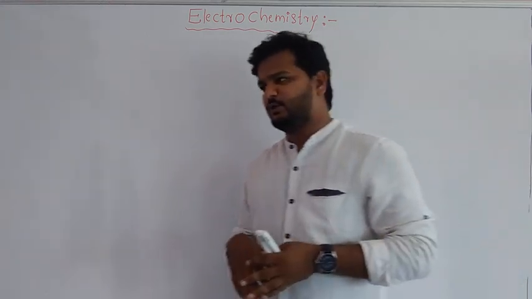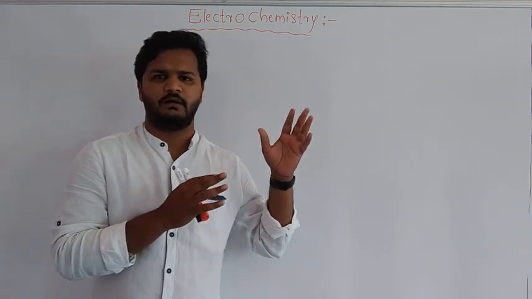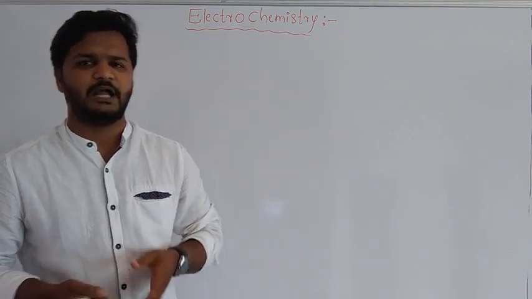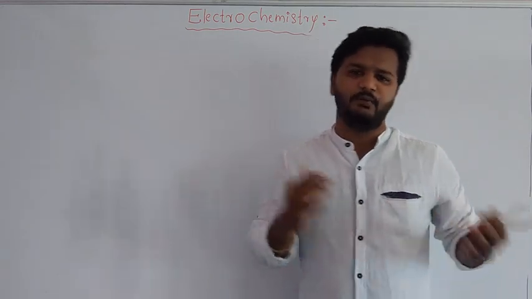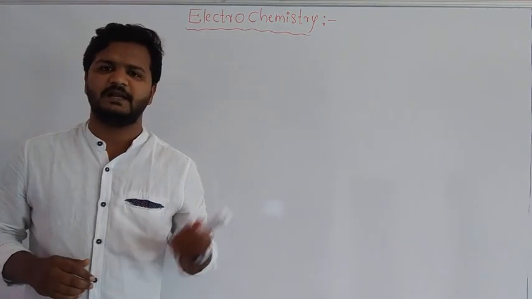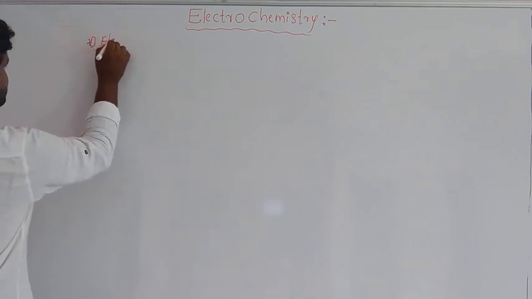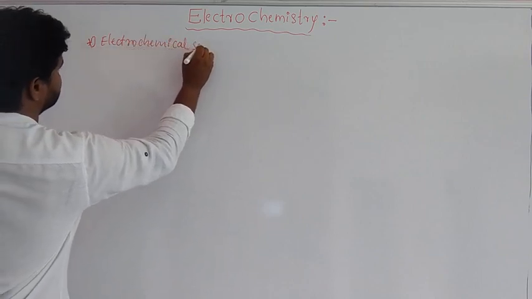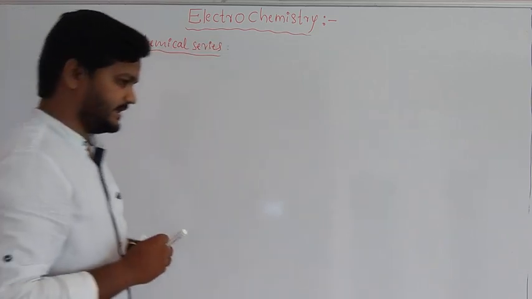By using the electrochemical series, we can easily find out which elements undergo reduction and which undergo oxidation easily, which elements act as an anode and which act as a cathode, and which elements are most reactive and which are less reactive. This is a very important concept, the electrochemical series and its applications.